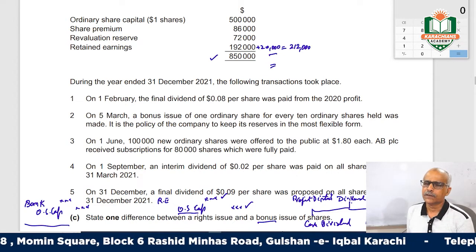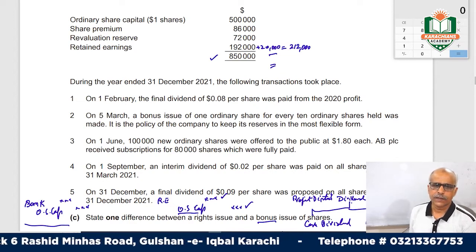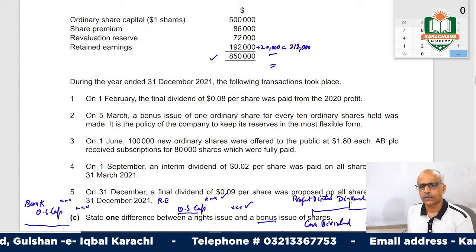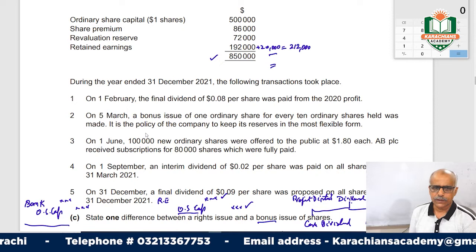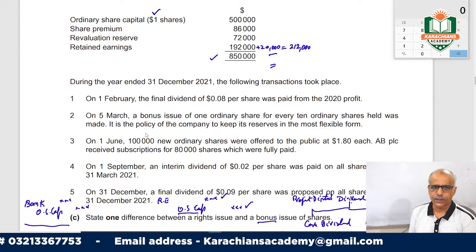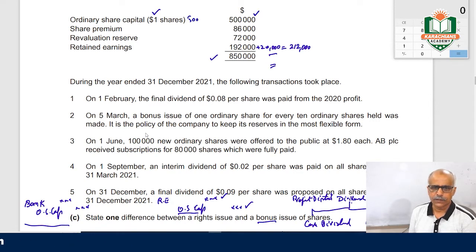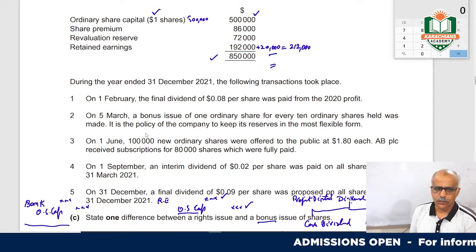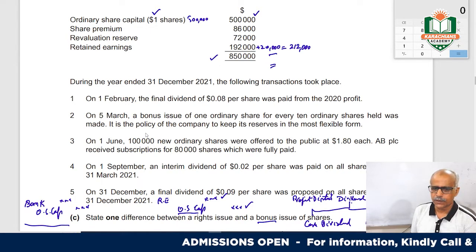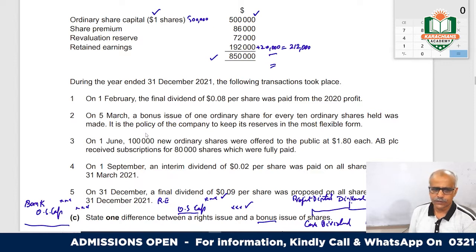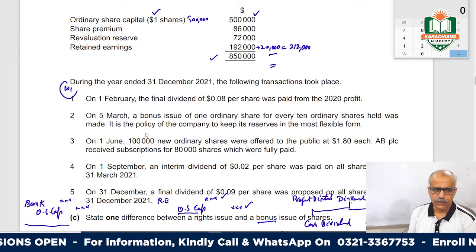The final dividend is paid next year, from the last year's profit. The shares are $1 each, and the number of shares is 500,000. This I can say is working number 1.